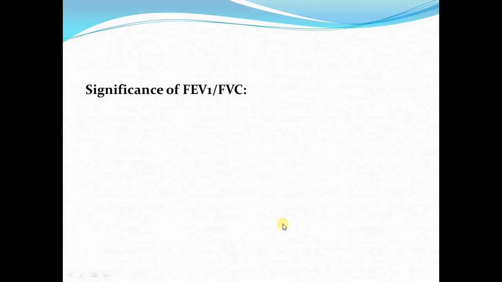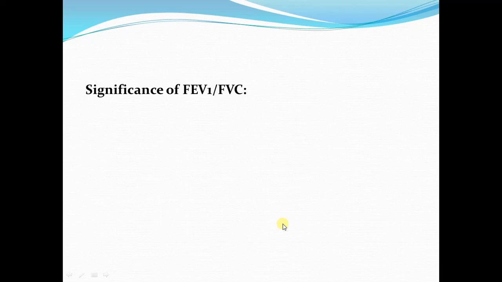I am repeating this point that measurement of FEV1 to FVC helps us to differentiate between the obstructive and restrictive lung diseases. What happens in obstructive lung diseases? In obstructive lung diseases, due to obstruction, there is increased airway resistance.